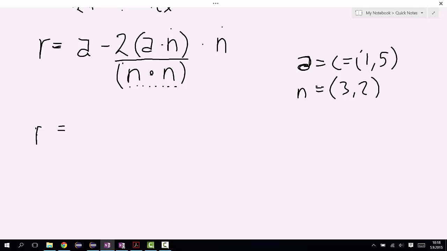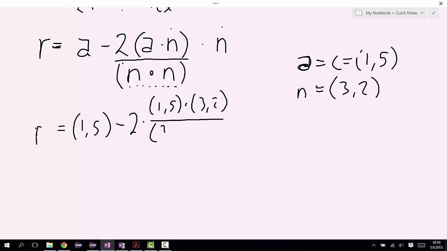So we have 1, 5 minus 2 times 1,5 dot 3,2 divided by 3,2 dot 3,2 times the vector 3,2.